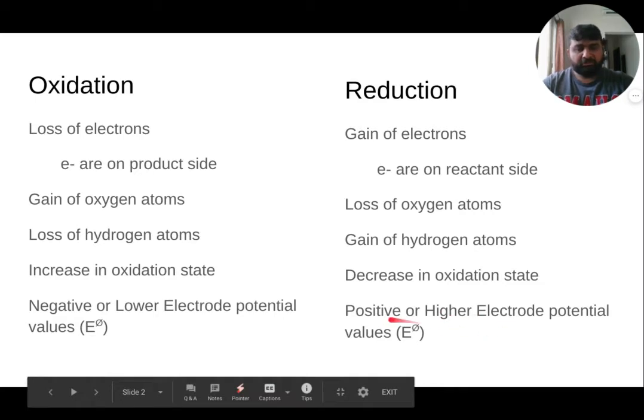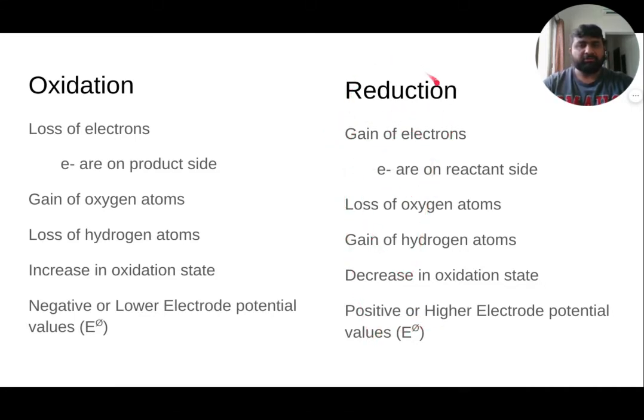If you get a positive or higher electrode potential value, then we can say the atom is most likely to undergo reduction. That's the main idea. I would like you to write down this table in your notebook and then move to the next slide where I will explain some examples.